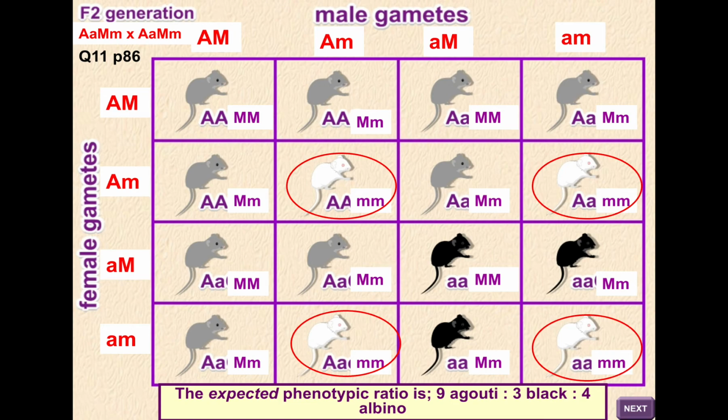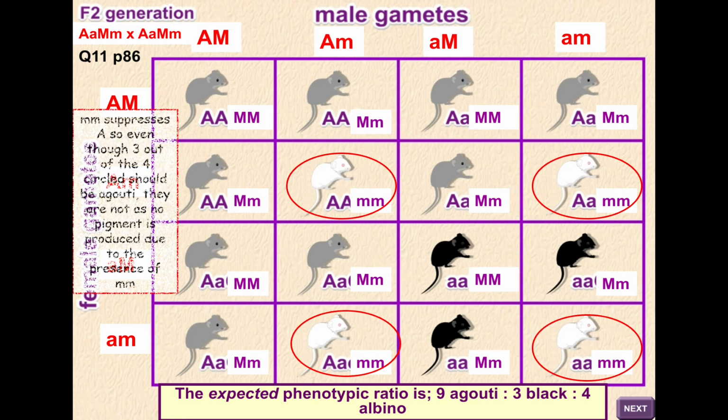This results in them being albino. Now, of these 4 white mice, 3 of them should be grey in colour and 1 should be black in colour, but due to the fact that the M is in the recessive version in both cases, they do not express any colour, resulting in white. No pigment is produced in the presence of small m, or the recessive condition for this gene.